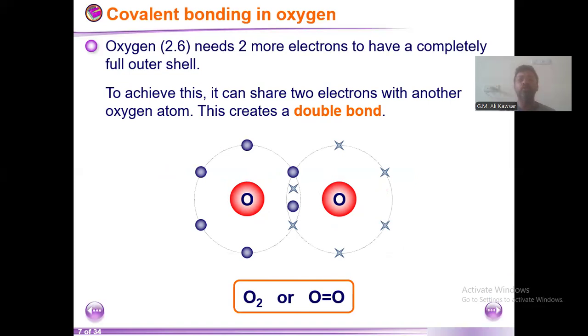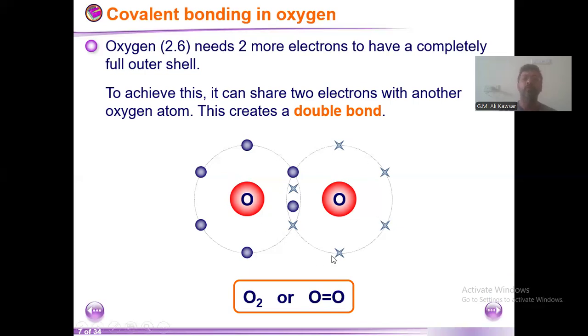And as 2 pairs of electrons are engaged here, we have to use a double bond between 2 oxygen atoms. I hope you understood, right? And at the same time, don't forget to practice the dot and cross diagram of oxygen at home. These are very important.